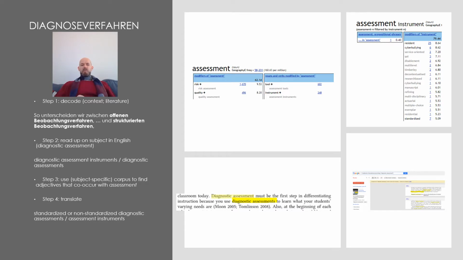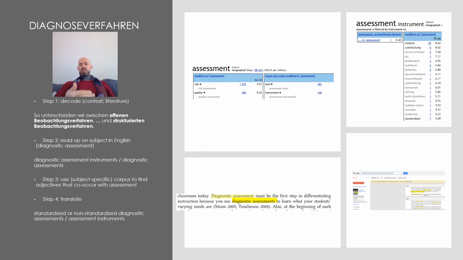Now, the next step would be to use a subject-specific corpus again to find adjectives that normally occur with assessment. Do open or structured, which are the literal equivalents, of course, of offen and strukturiert, do they occur with assessment? Of course, you might also find negative evidence of that on Google Books, but you have to be careful. Always look at the author line.